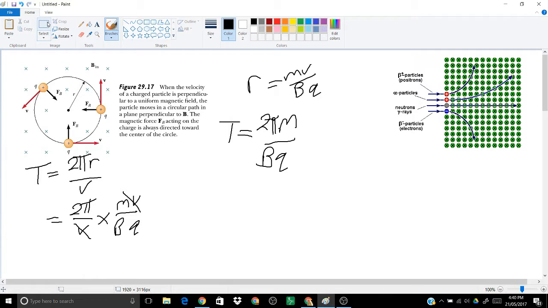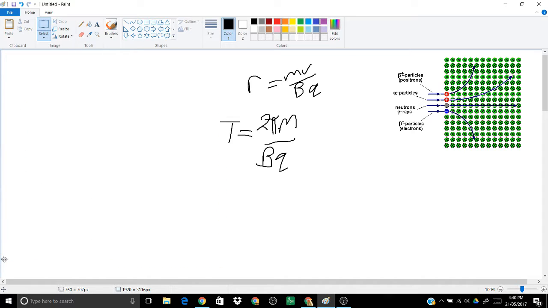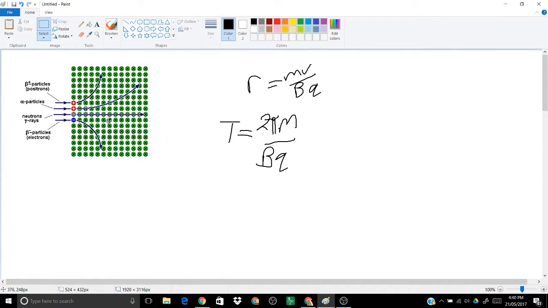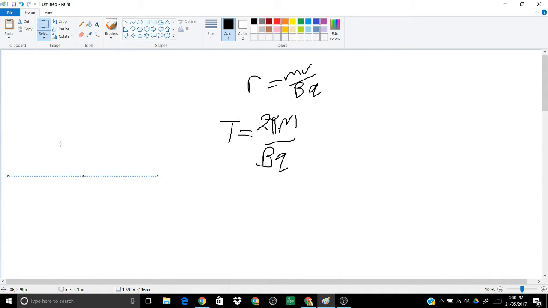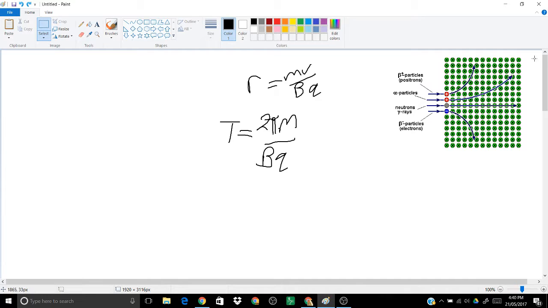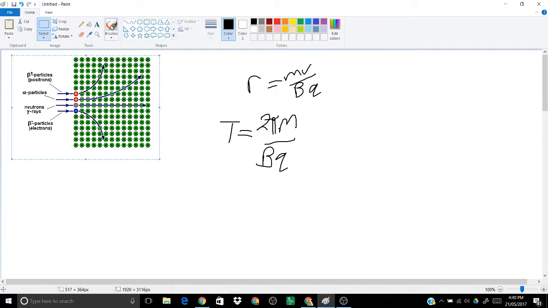Now, just a little bit on a question you may be asked in relation to the motion of certain particles. So I've got some radioactive particles that are moving through a magnetic field. I keep forgetting to change my brush.